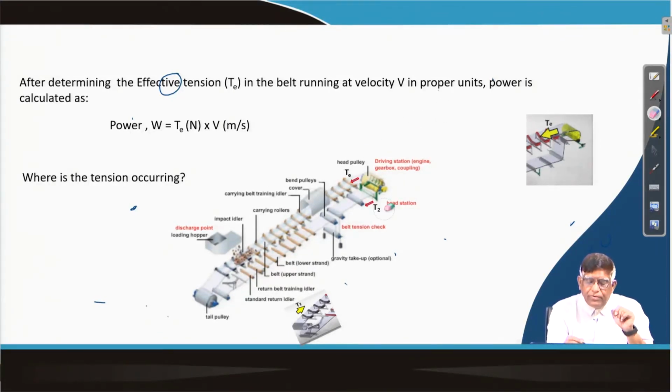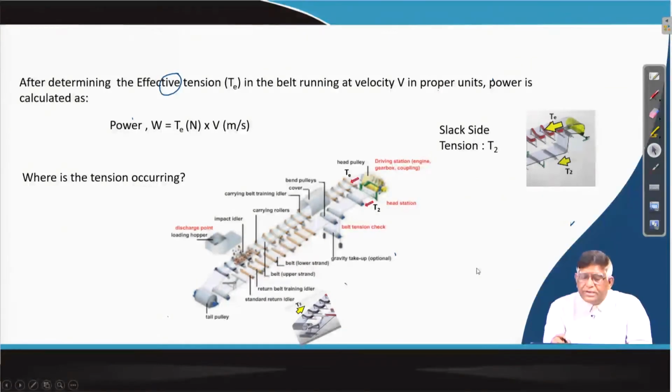On that side, this is the slack side, where another tension T2 will be coming. This is exactly how you will have to take it into consideration for calculating the power.